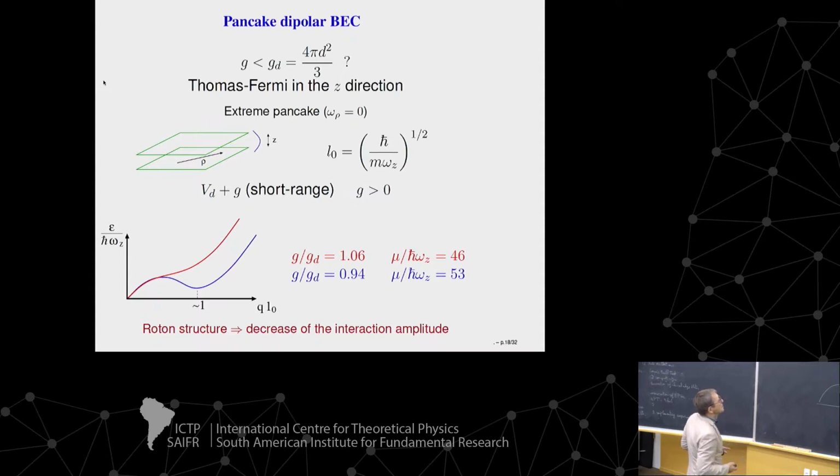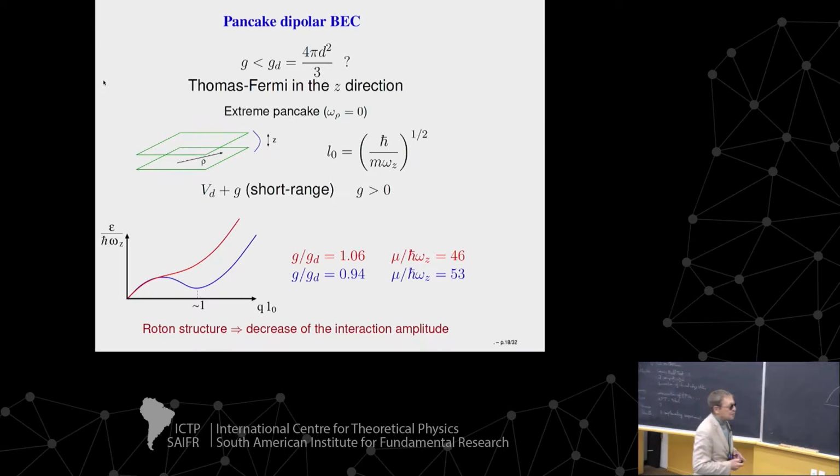Omega radial is 0. The characteristic length is L0, the harmonic oscillator length in the confined direction, and then V dipole plus G is the interaction, G is larger than 0.